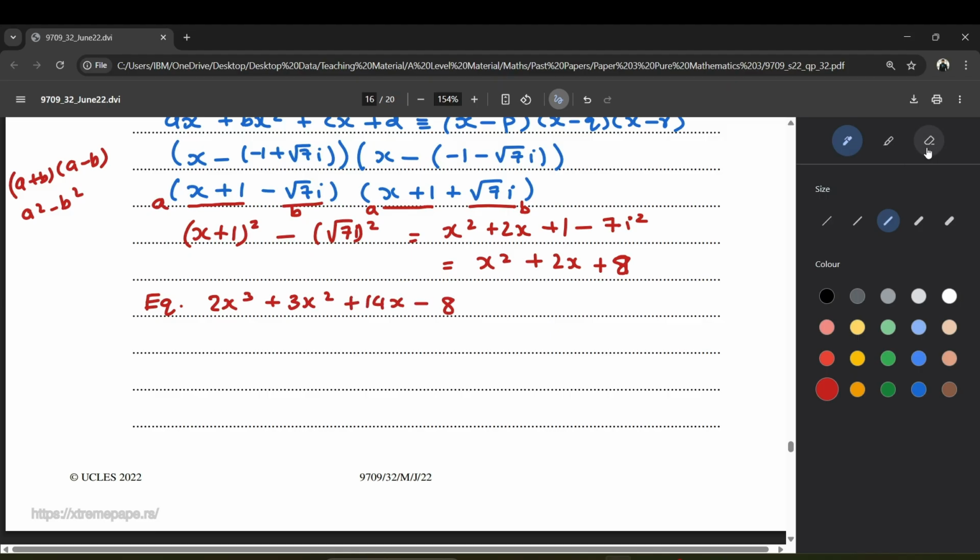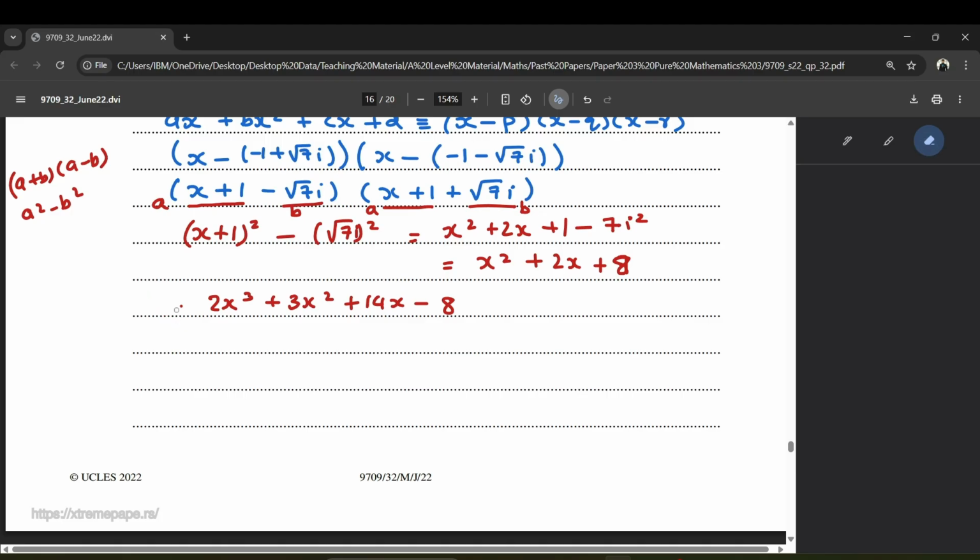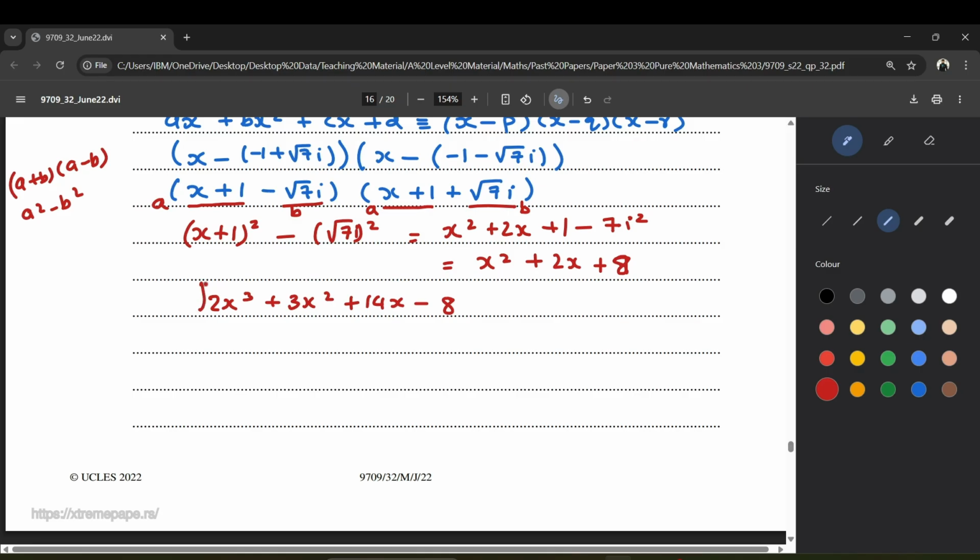So now if I do long division, so here we are doing long division. The factor that we found is x squared plus 2x plus 8.